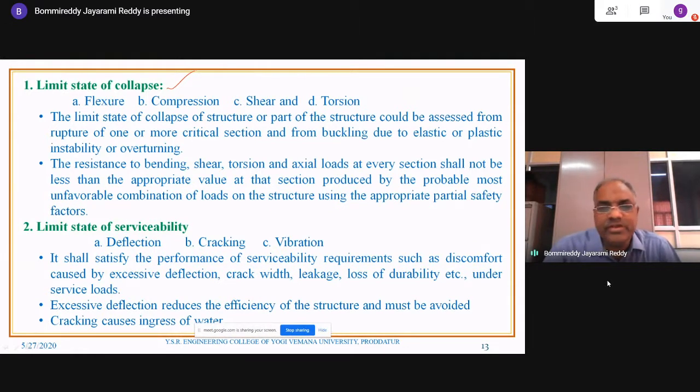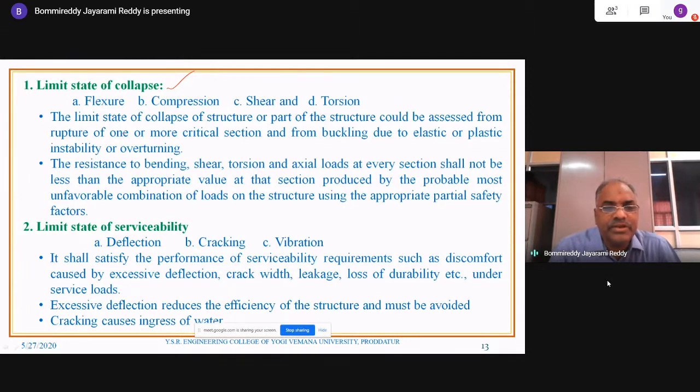It may be flexure, compression, shear, torsion, or maybe a combination of all the different types of forces. So the limit state of collapse of a structure or part of a structure could be assessed from the rupture of one or more critical sections and from buckling due to elastic or plastic instability or overturning.